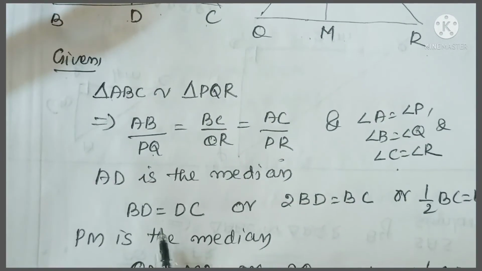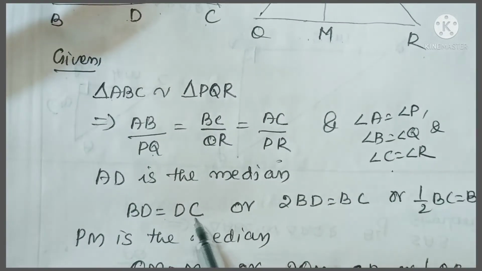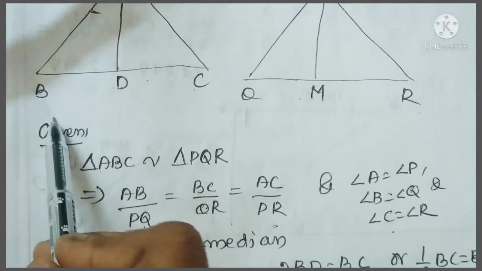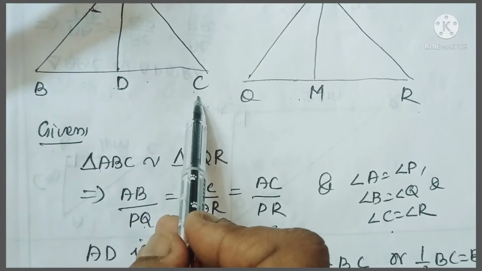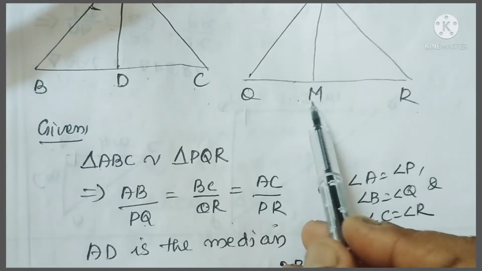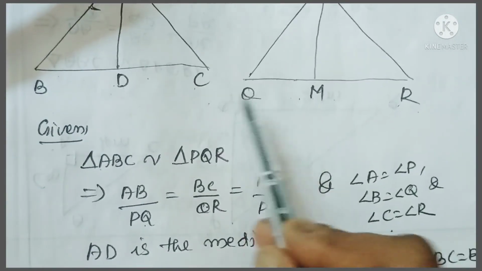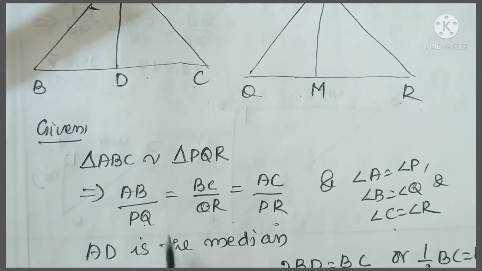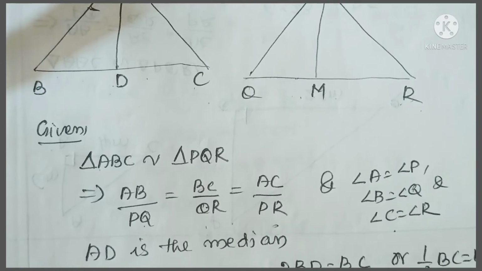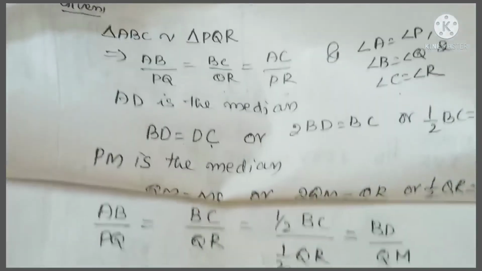Since BD and DC are equal, BD is half of BC. And QM and MR are equal, QM is half of QR. So BC by QR can be written as half of BC by half of QR. How do we prove the result?